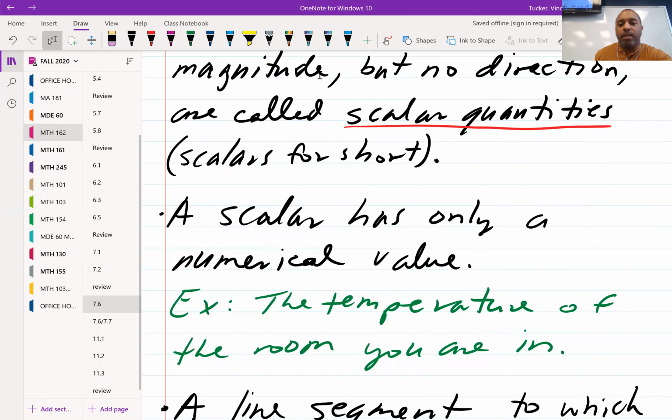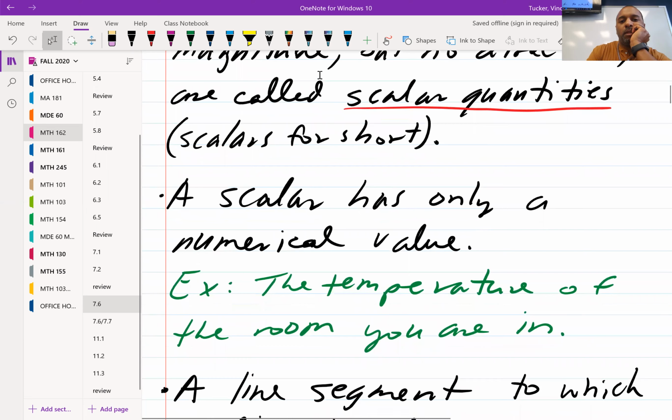An example of a scalar is the temperature of the room that you're in.